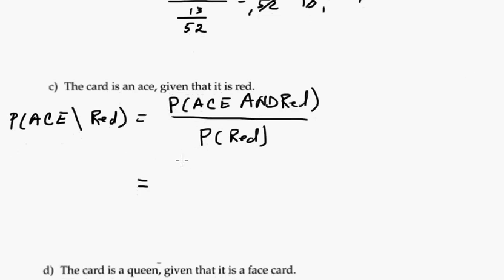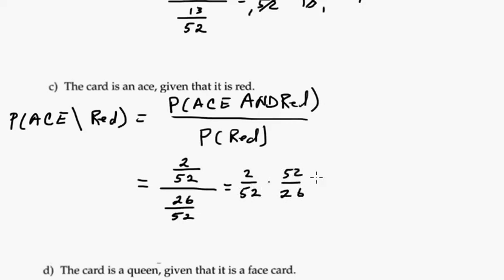We divide that by the probability of red. There are 26 red cards, half the cards, so 26 out of 52. So 2 over 52 times 52 over 26, which is 2 over 26, or 1 out of 13.